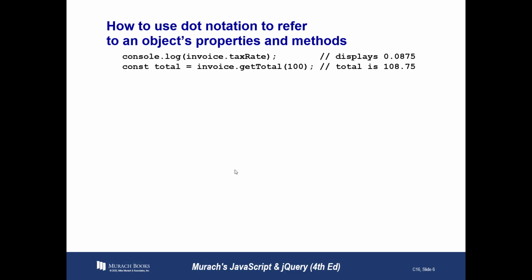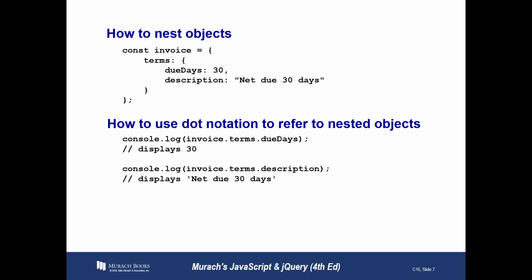And when you are referring to an object's properties or its methods, it's the name of the object dot the name of the property, or the name of the object dot the name of the method. One object can contain another object as one of its members.